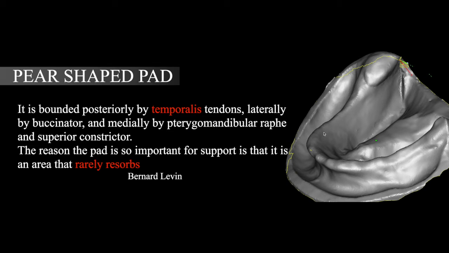Even though the alveolar ridges continuously resorb after tooth loss, this pear-shaped pad doesn't change its form and doesn't resorb. It's very important because that's a consistent positional landmark. Therefore, we use it as the most important reference point when you fabricate the denture.